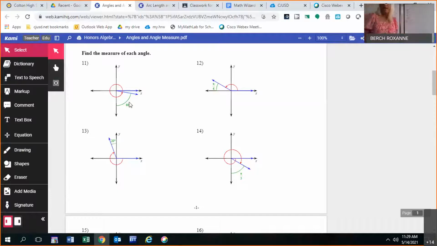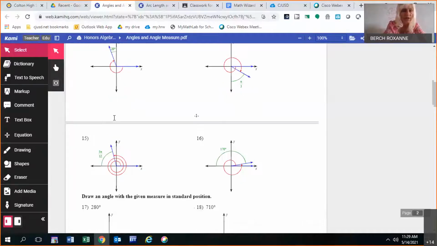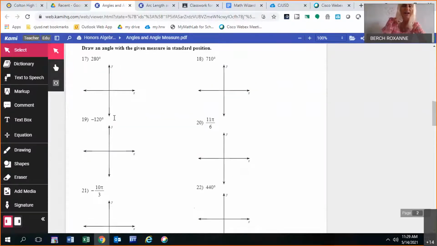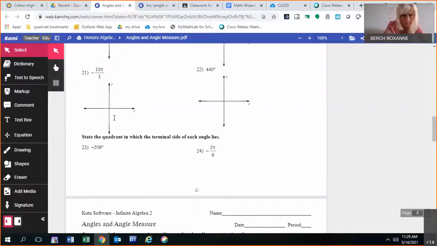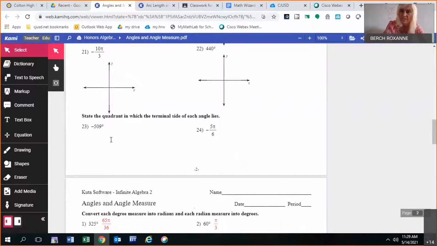So the point I'm making, there is no right way to do it. So there's lots of different ways you can do it, like you're going to see in a minute on a problem that I haven't taught yet. So find the measures and then down here, draw an angle in standard position. So you had a lot of practice with that. State the quadrants. So that's the first sheet.